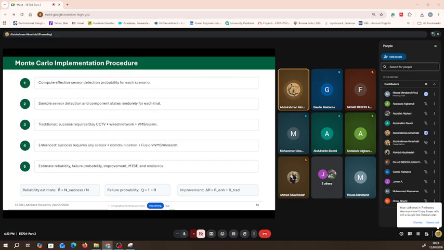This slide summarizes the Monte Carlo procedure. First, MATLAB calculates the effective detection probability for each sensor and each environmental scenario. Second, the simulation randomly samples sensor detection and component operation states.